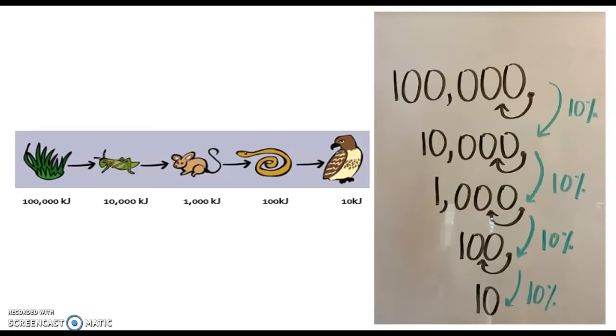When calculating 10% of a number, all you have to do, like I mentioned before, is move the decimal point 1 to the left, and you've officially calculated 10%. Now, even though the number might not have a decimal point, you know the decimal point always comes at the end. So go ahead and just add it in and move it 1 to the left. That is how I calculated the energy seen in each of these levels.